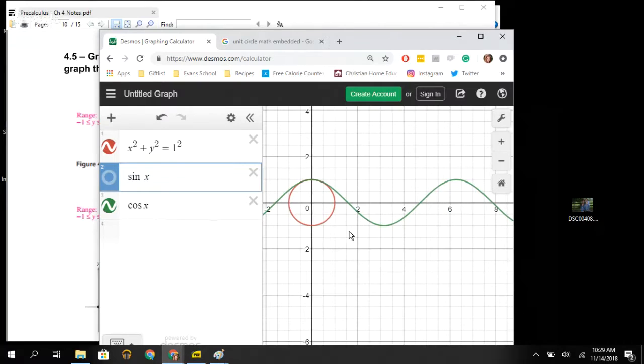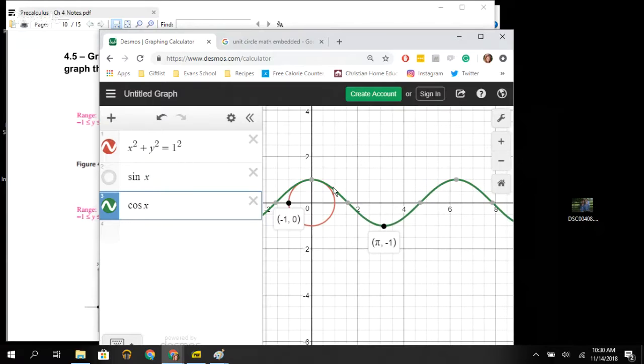So if I graph the cosine curve, the cosine of 0 degrees or 0 radians is 1 because it's the x part, right? And that's why your cosine curve starts up here at 1. The cosine of 180 degrees or pi is -1. And here you can see on my cosine curve that the cosine of pi is -1.